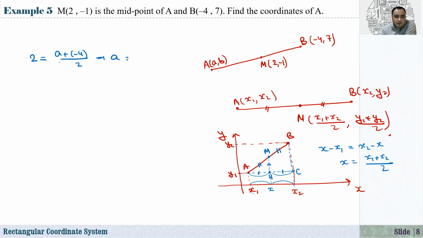So from here, a is equal to 2 plus 2 plus 4, that's equal to 8. And the second coordinate, negative 1, equals (b plus 7) over 2. So from here, b is equal to minus 2 minus 7, that's equal to minus 9. So the coordinates of A are 8 and minus 9.